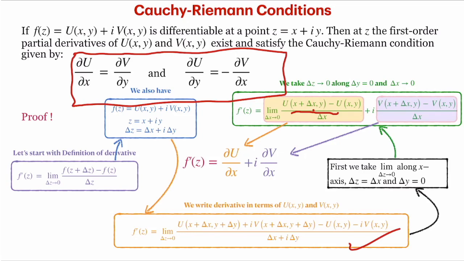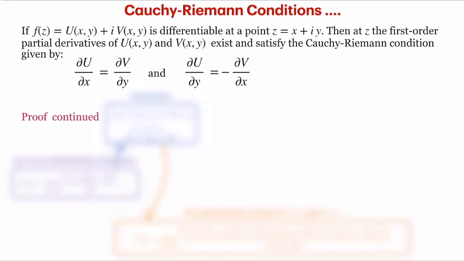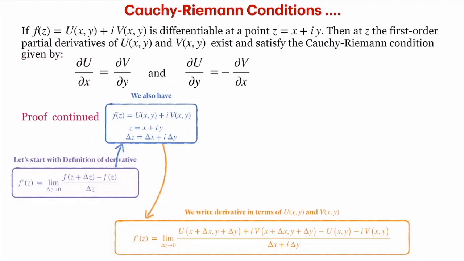So that is how we have f prime of z given by the partial derivative of u with respect to x plus i times the partial derivative of v with respect to x. Let's call this equation A, and let's continue by taking the other path, that is, delta z going to 0 along the imaginary axis.